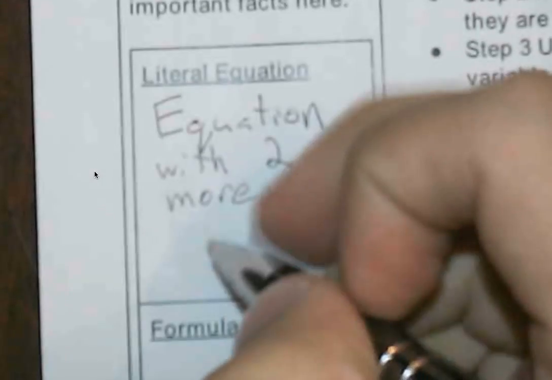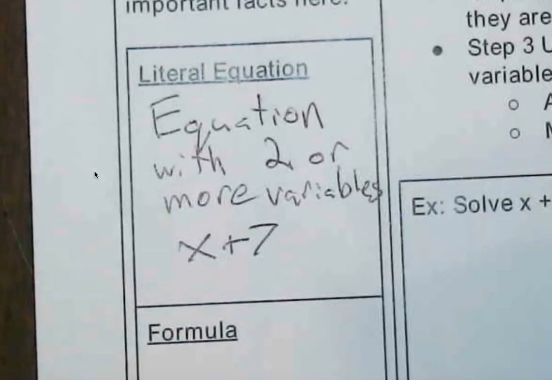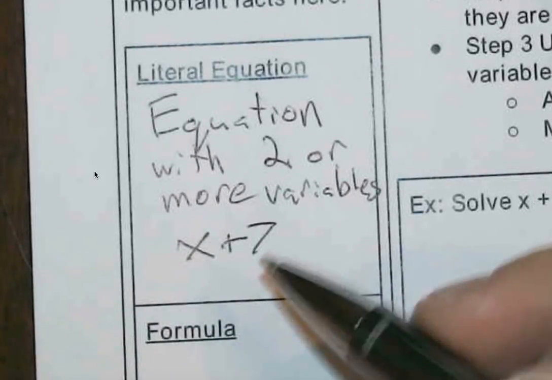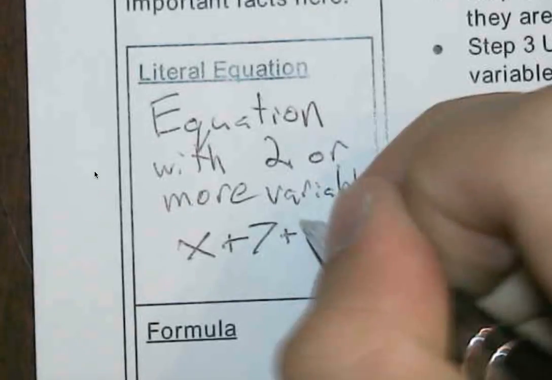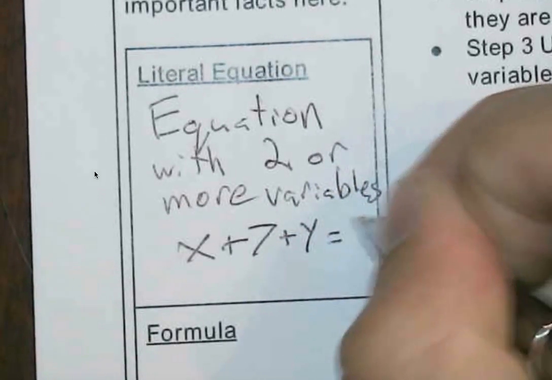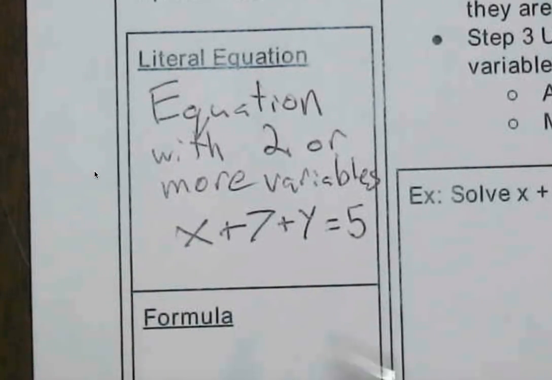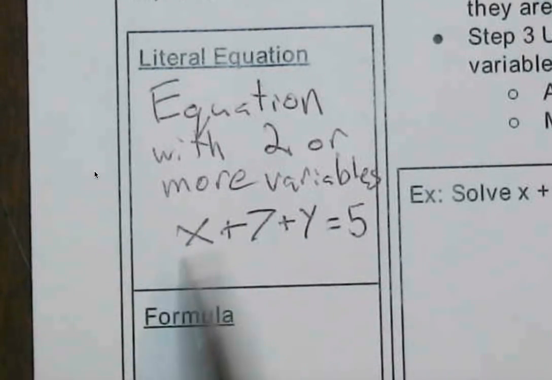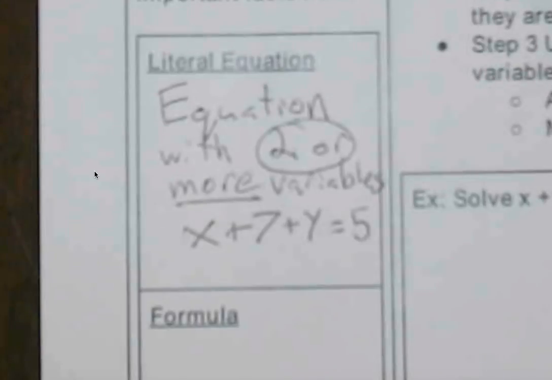Normally we have something like x plus 7, and then that's equal to some number, and we could solve for it. But now, with an additional variable, we won't necessarily solve for one of the variables. Sometimes we will. Sometimes it depends on which variable we're trying to solve for. But really, the idea here is that there are two or more variables.